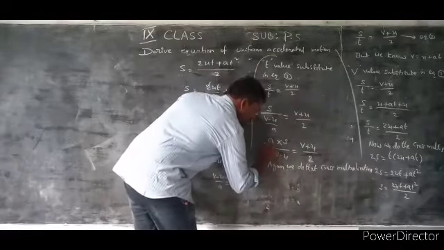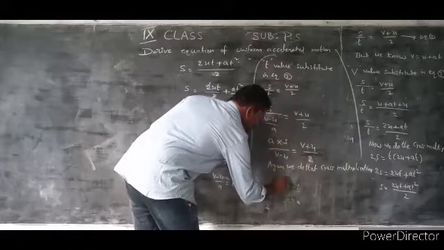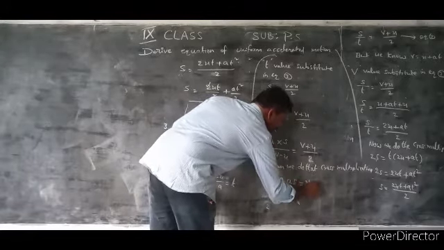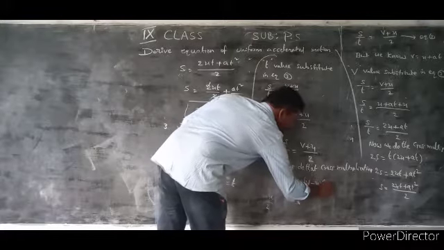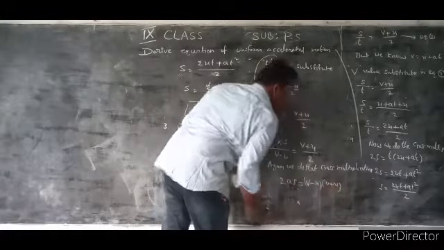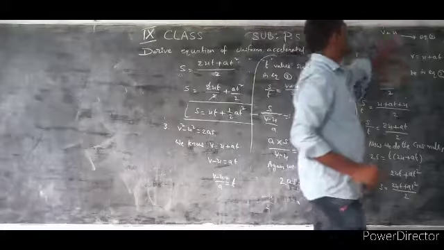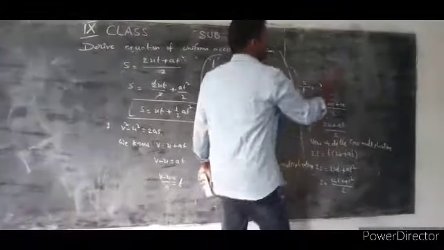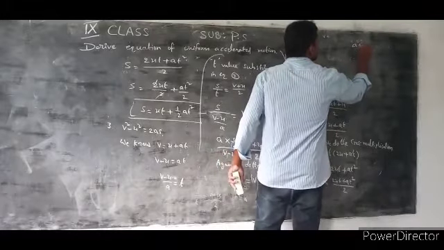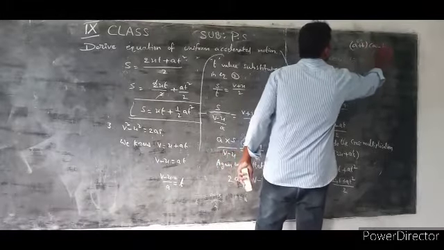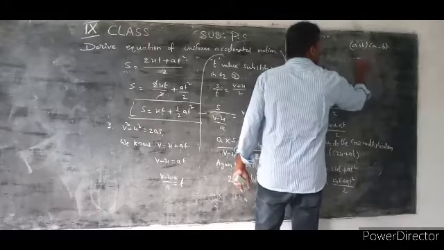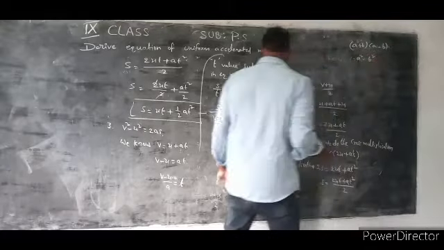Here, 2 into as is 2as, which is equal to v minus u into v plus u. In mathematics you learned one of the important formulas: a plus b into a minus b is a square minus b square.